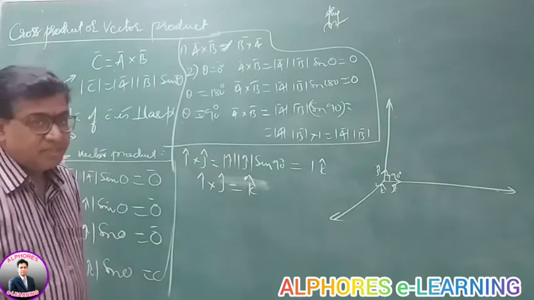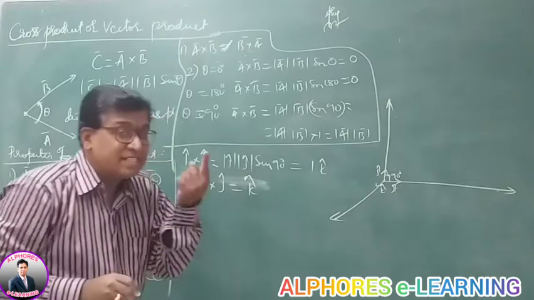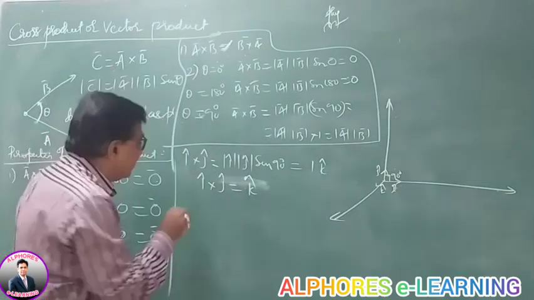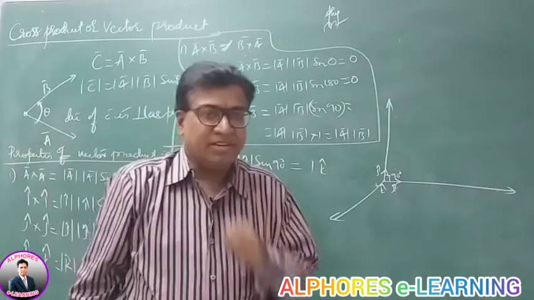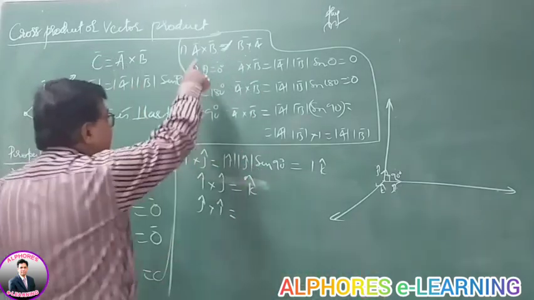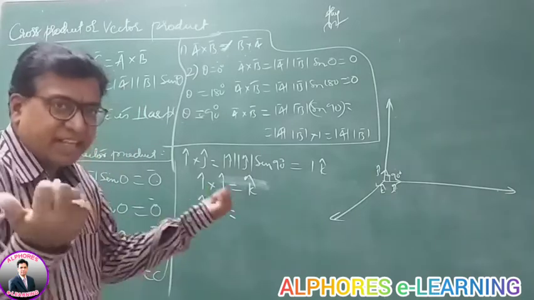Very important. A cross B and B cross A are not equal. So I cross J and J cross I are not equal. If I take J cross I, it's not K. They are negative, opposite vectors. The direction is opposite.